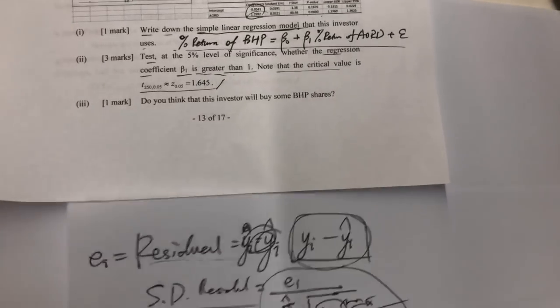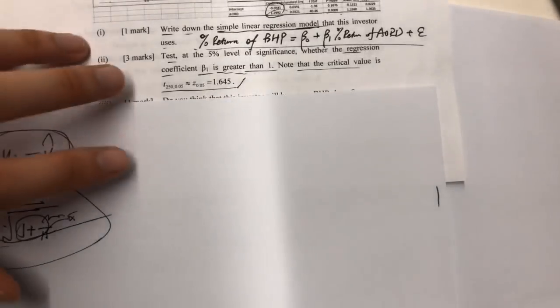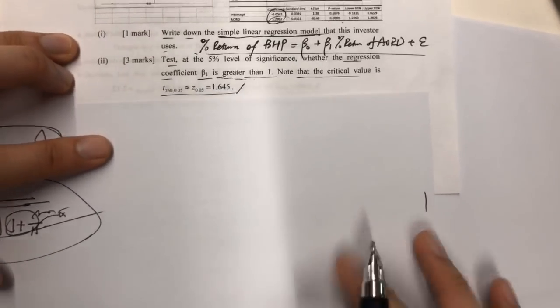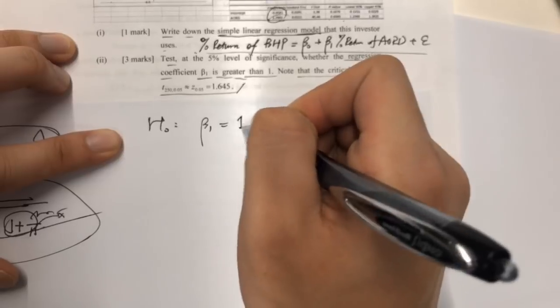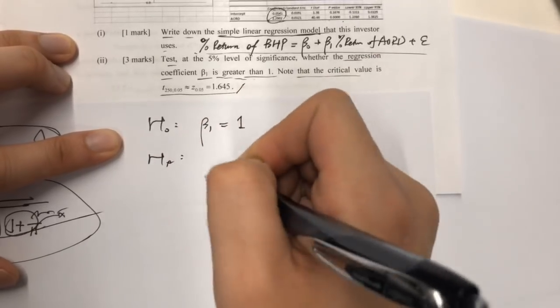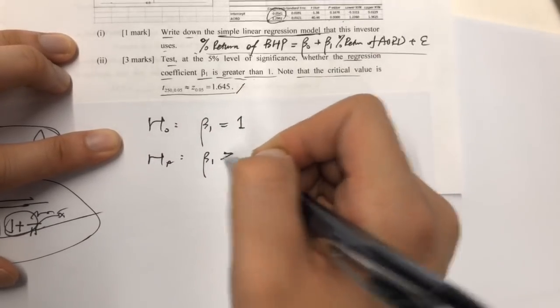So how should we do that? First of all, let's think about the null and alternative hypotheses. H0 should be beta 1 equals 1, and HA is beta 1 greater than 1.